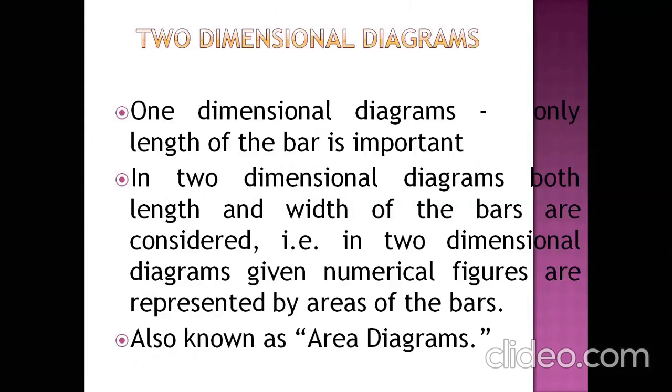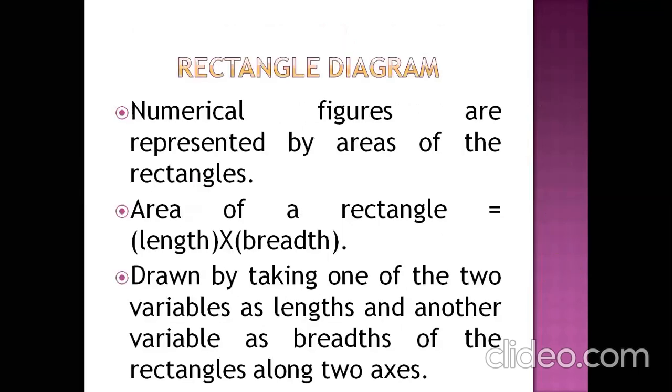Here we are going to take into consideration not only length but breadth also. In one-dimensional diagram, we have taken into consideration only length. Width we did not take into consideration. Here we will do it. So we will start with rectangle diagram or rectangular diagram.